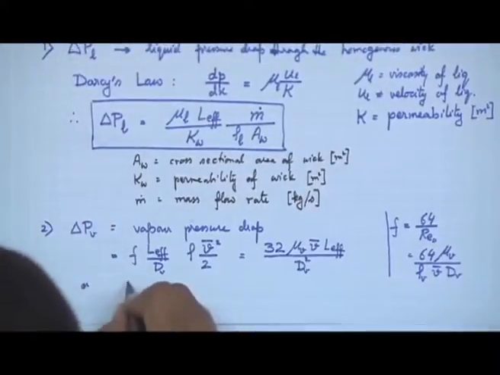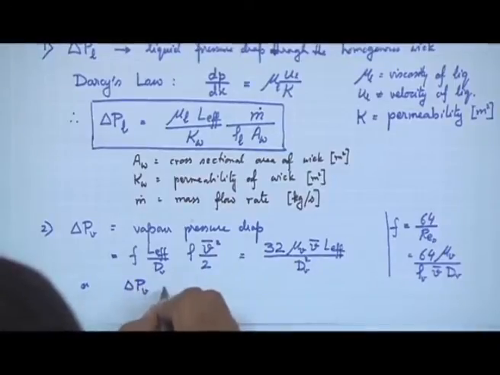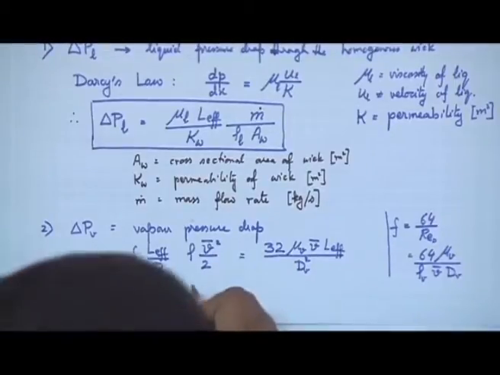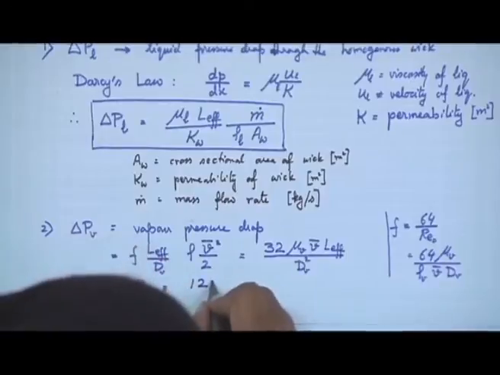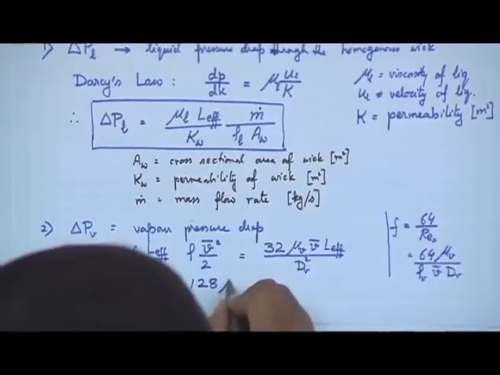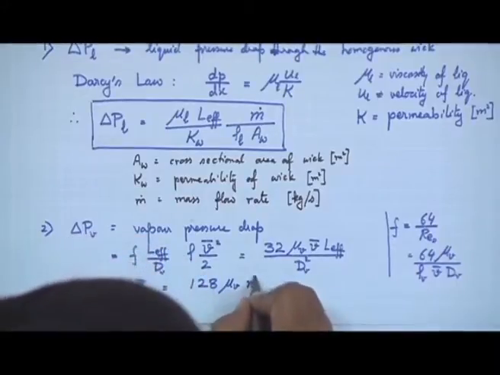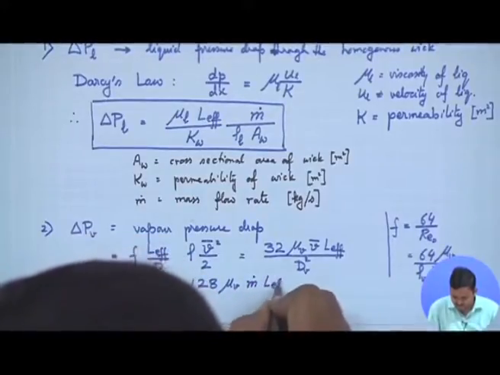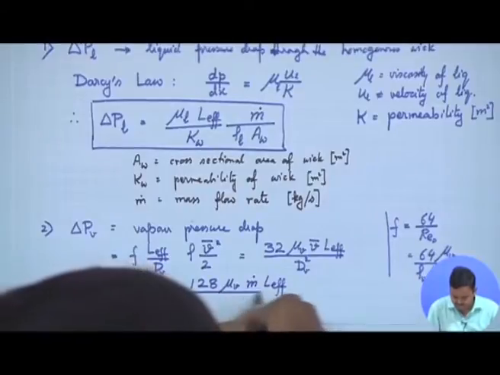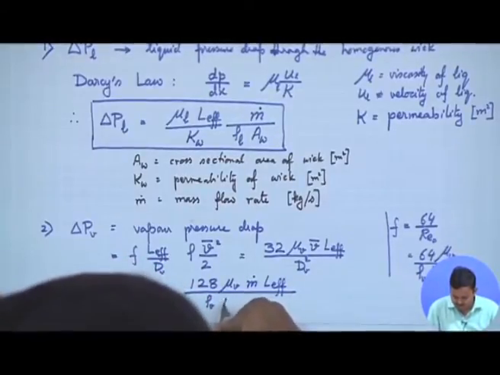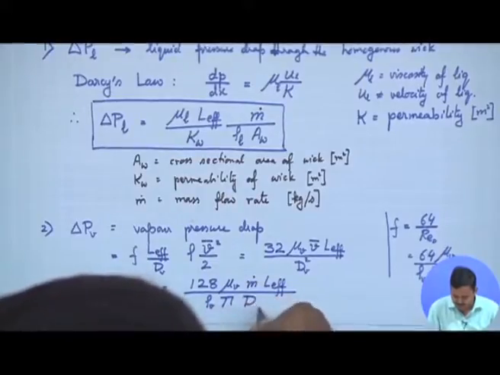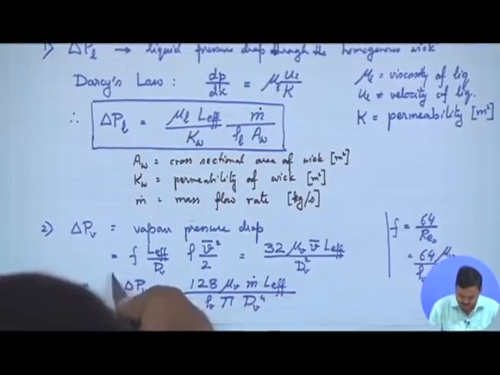or delta PV is going to be 128 mu V m dot L effective divided by rho V pi dV to the power 4.